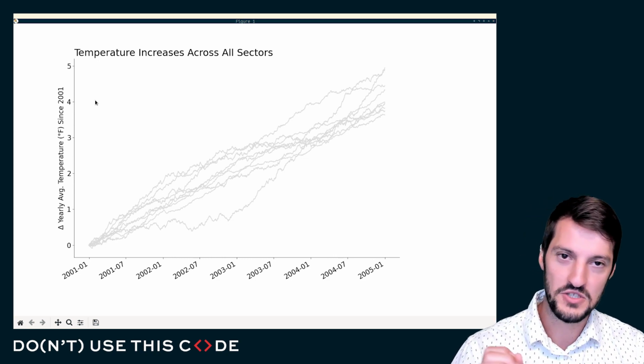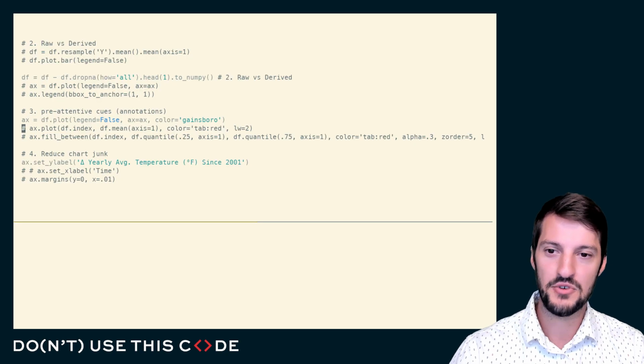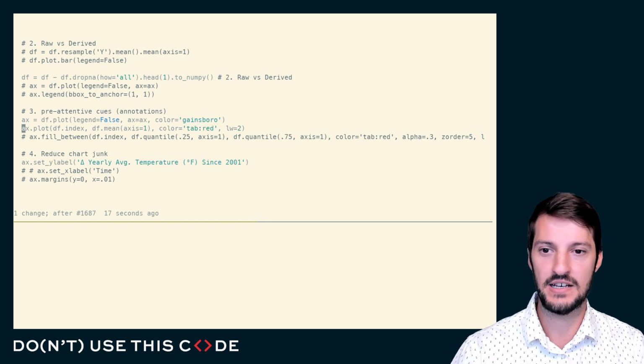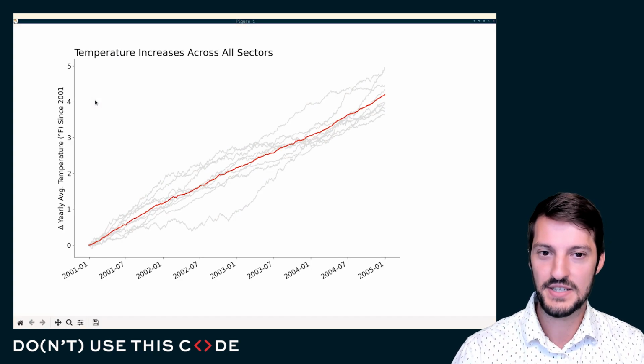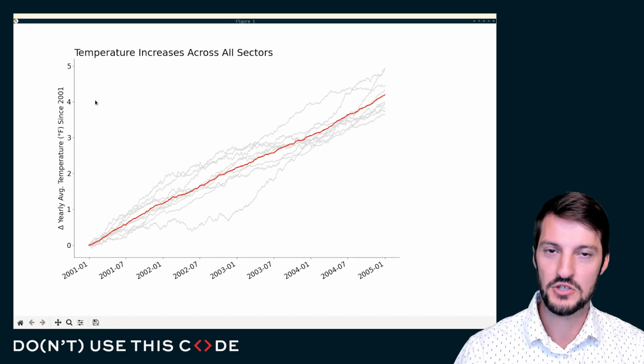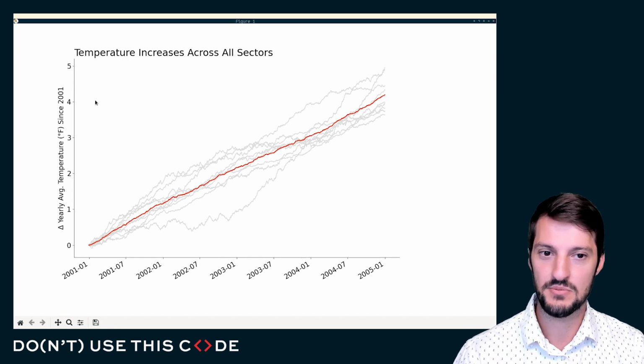I want to show just all of the planets. My pre-attentive cue here is that by dropping the color channel out of color coding each individual planet, I can use that color channel for something else. Specifically, I'm going to use the color red here to plot the mean change in temperature from each planet at all of my data points.